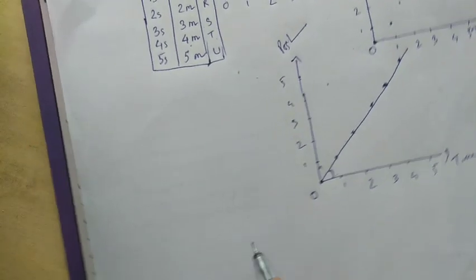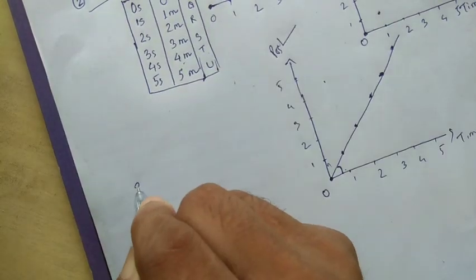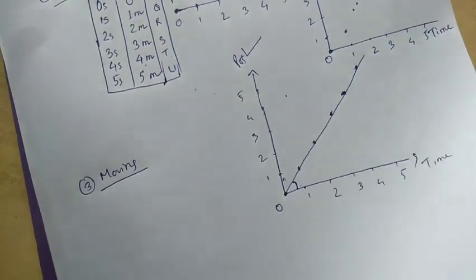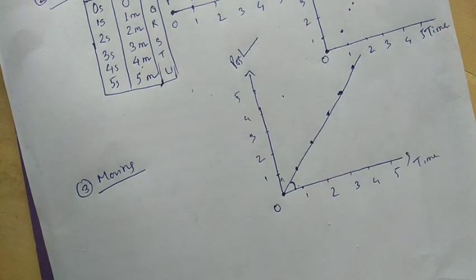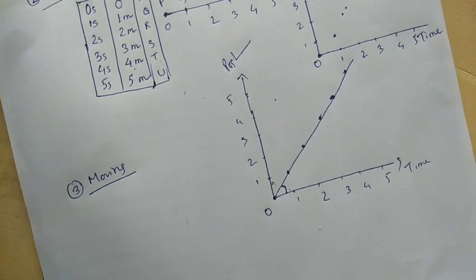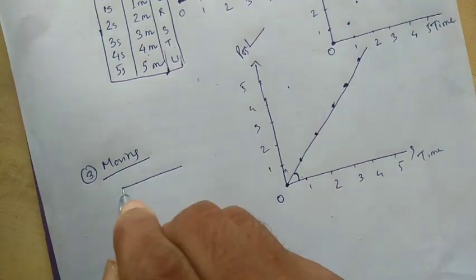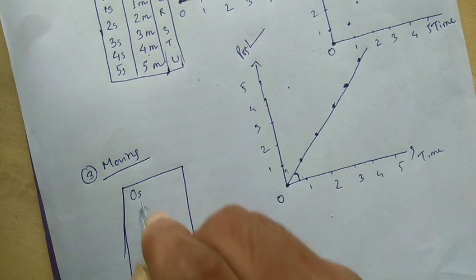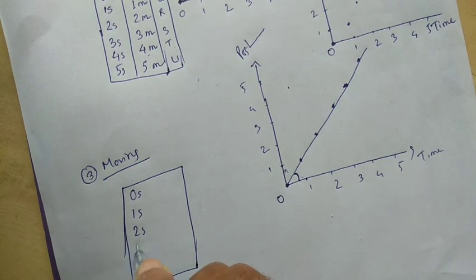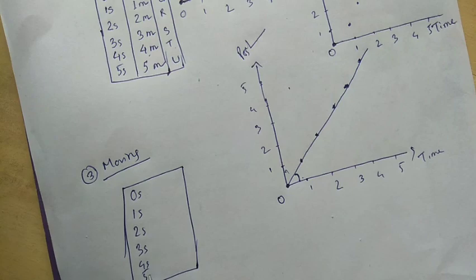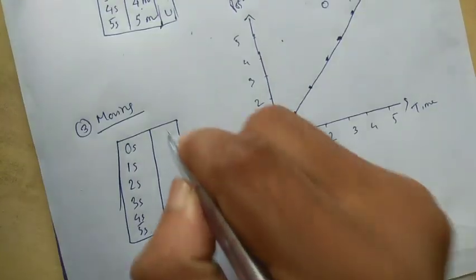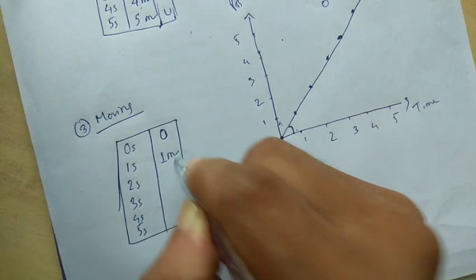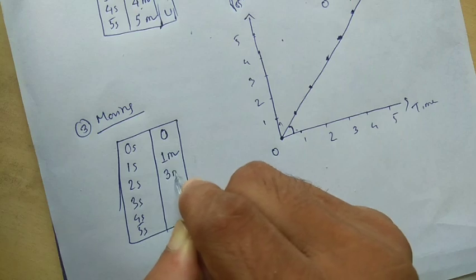Now, let us consider a third case in which the body is still moving, the body is in motion, but in a specific way. At 0 second, the body is at 0 meter. In 1 second, the body is at 1 meter. In 2 seconds, the body is at 3 meter.